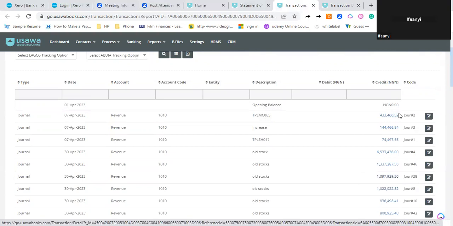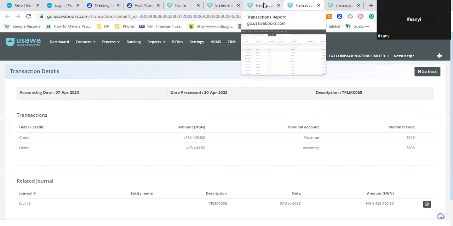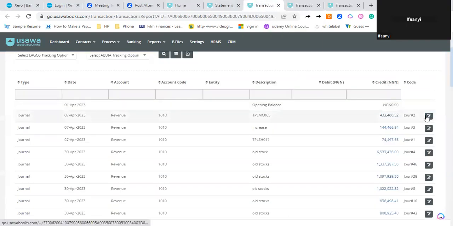If you click on this journal, you will see the error. You could see inventory and revenue. It's supposed to be capital, or depending on what you have, how you are getting it, is it through loan? How did you get your inventory?